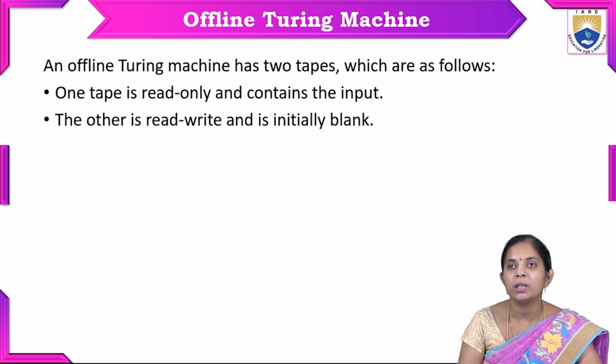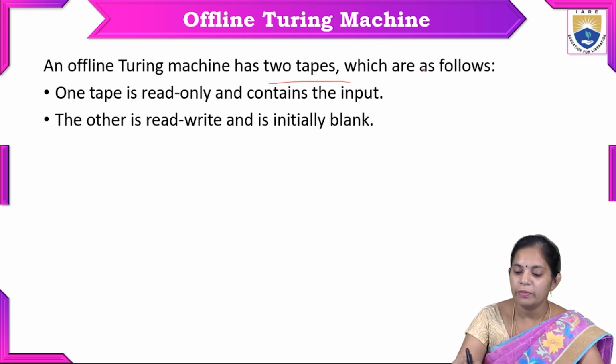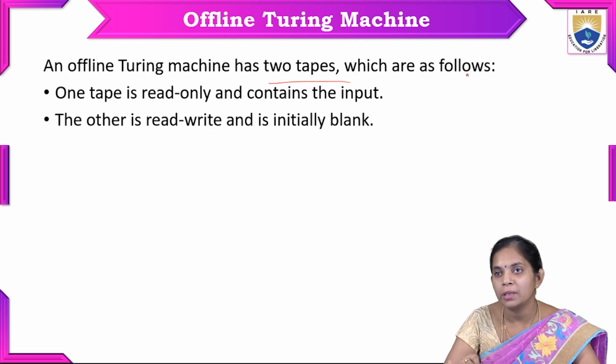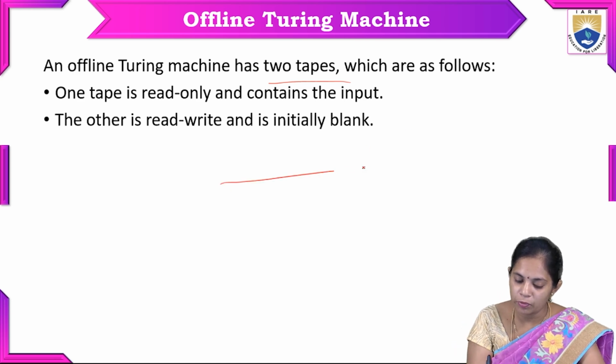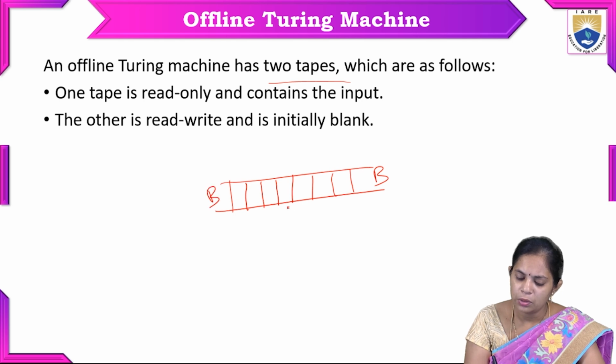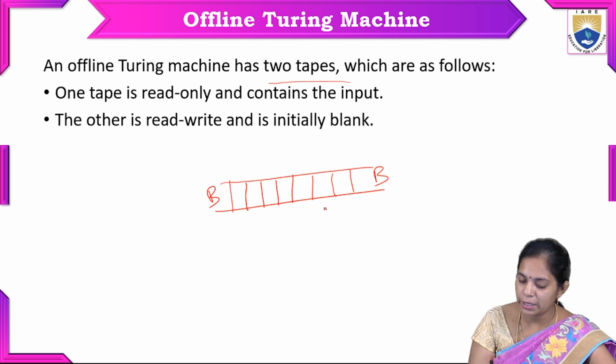An offline Turing machine has two tapes, which are as follows. We have two tapes, both two-way infinite tapes.